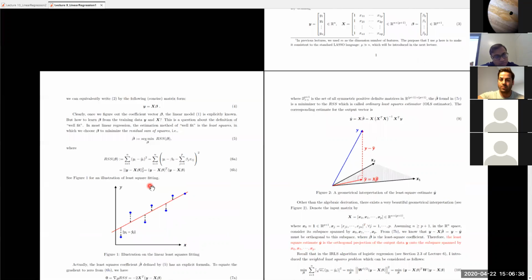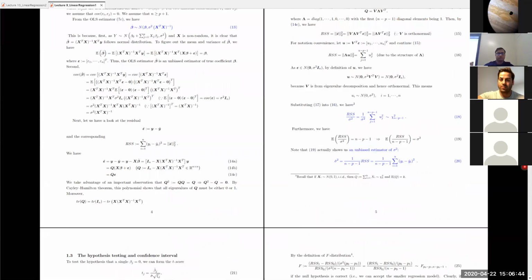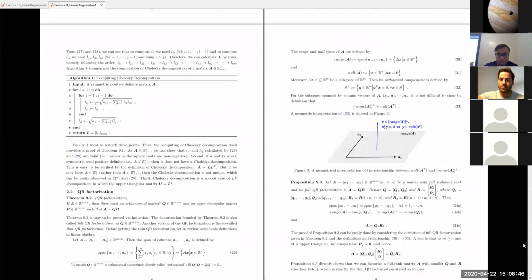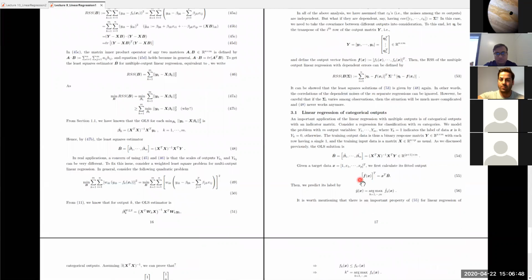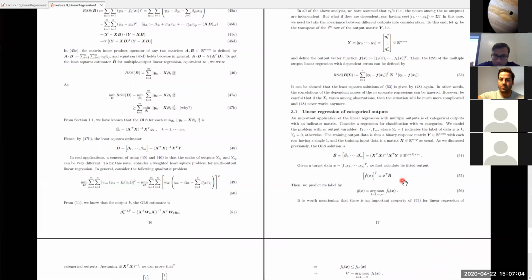Here it's very similar. If I have f hat of x as a vector, this means that for a given data x, I use this B matrix to fit it, and this is the estimated value.